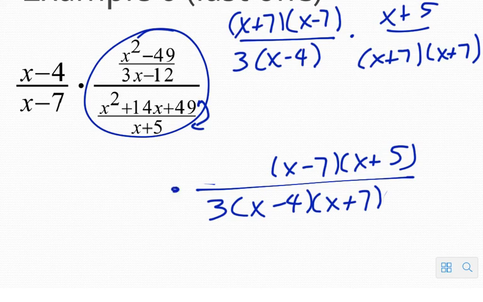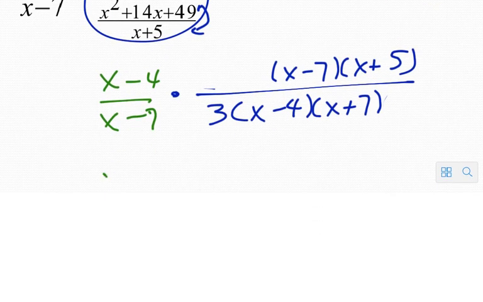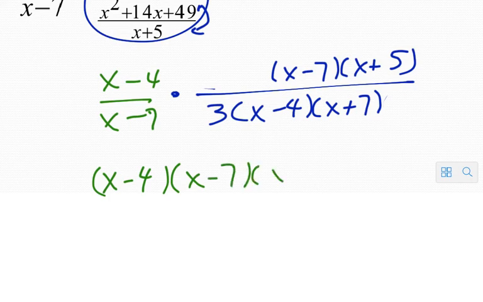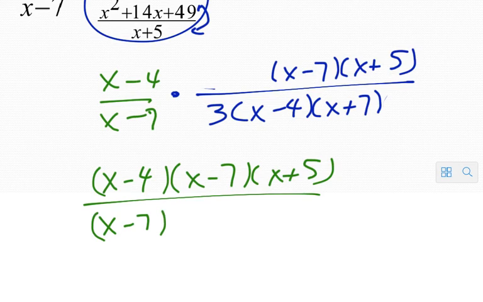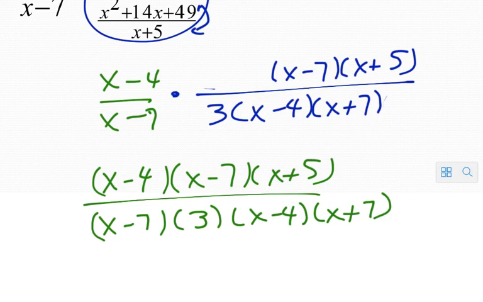And then I'm going to multiply by the (x minus 4) over (x minus 7). You want to be careful not to forget any of the pieces. Obviously that could make a big difference.